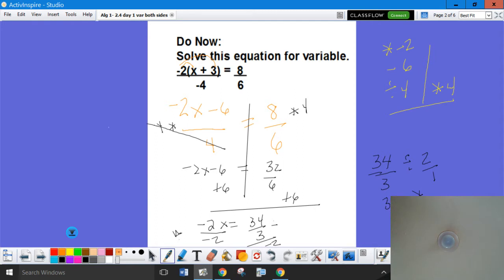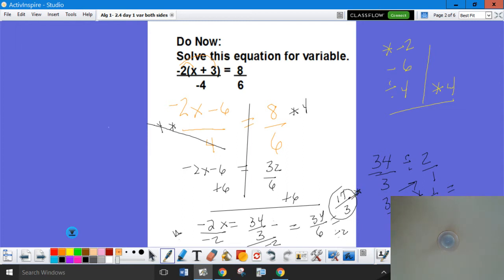So this is 34 over 3 times 1/2. And remember, we multiply fractions across the bottom and across the top. So that would give me 34 over 6. And I'm not done yet because that's not simplified. So I noticed that both of those are even. I'm going to divide by 2. That's going to give me 17 over 3. So there's my answer. X is going to equal 17 over 3.